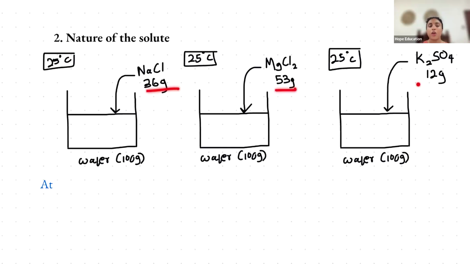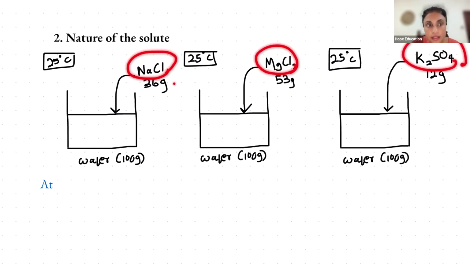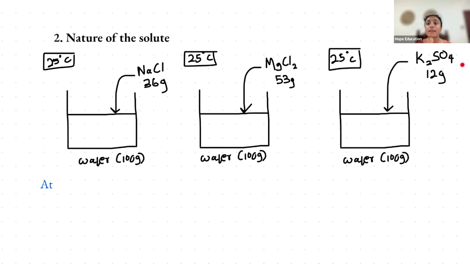Why are the solubilities different? Because the solute is different. Here the solute is NaCl, here MgCl2, here K2SO4. Everything else is the same except for the solute. Because the solute is different, the solubility becomes different. Is that clear?